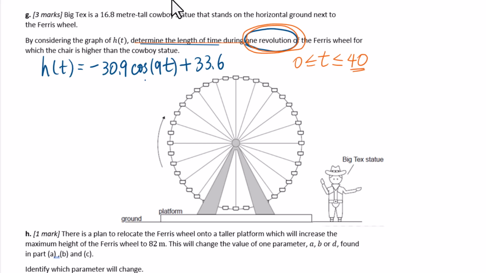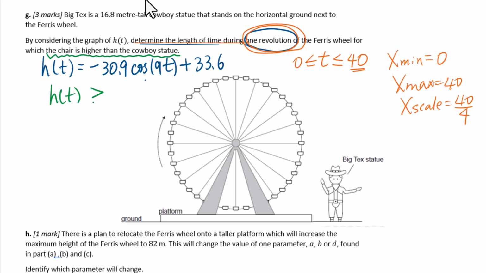So t is greater than or equal to 0, less than or equal to 40, because period is 40. If we want to use a graphing calculator, we can set up x minimum equals 0, x maximum equals 40, x scale period over 4, h of t greater than 16.8. We will set up negative 30.9 cosine 9t plus 33.6 greater than 16.8.